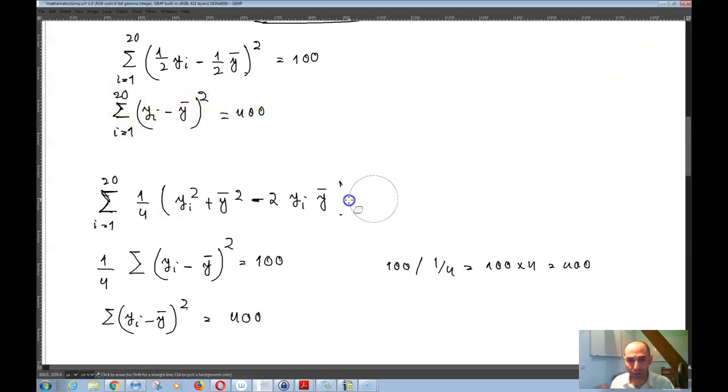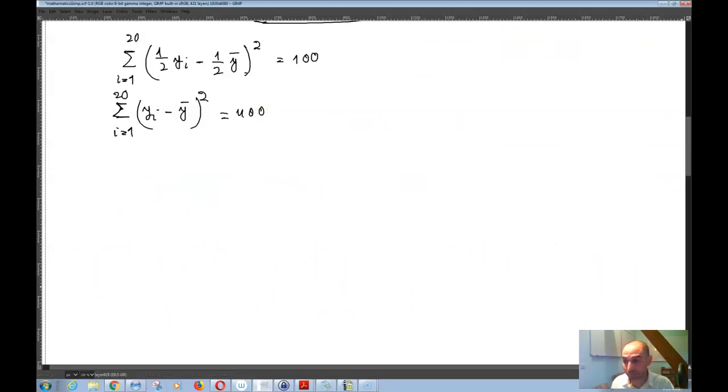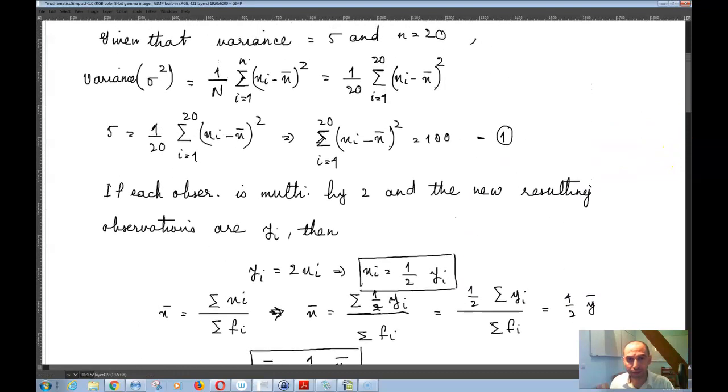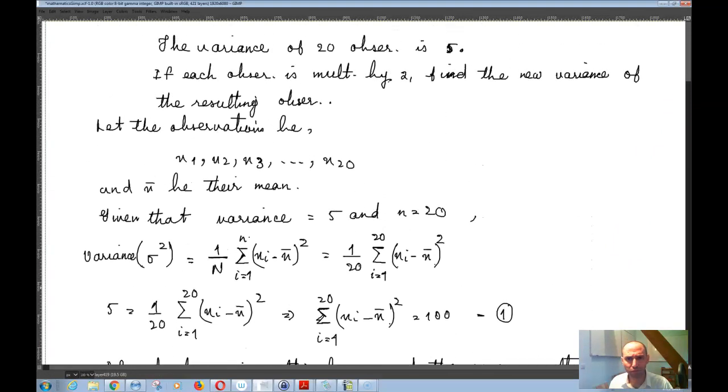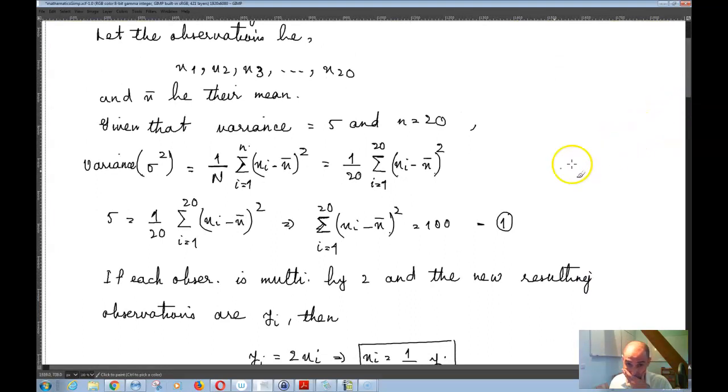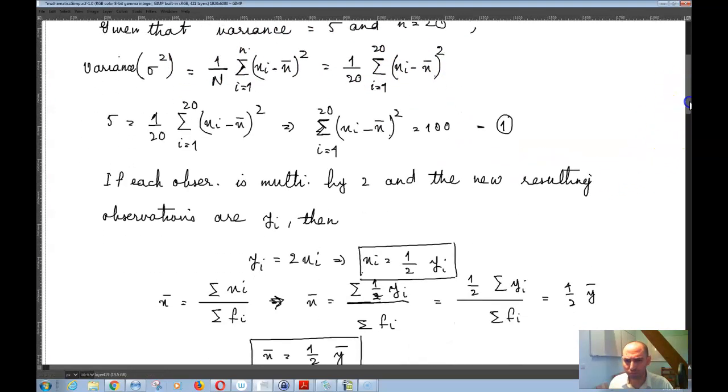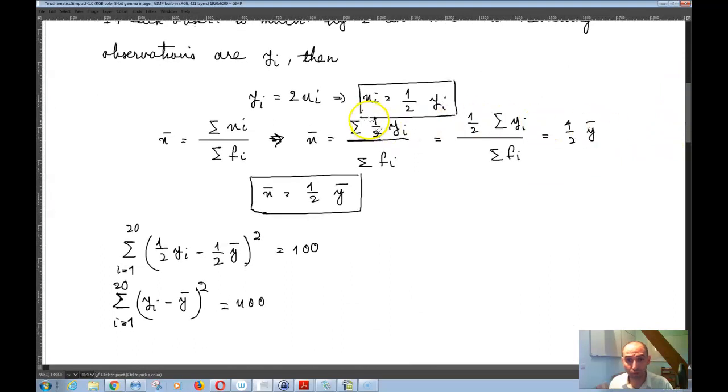And then what that means is that over here, y of i is equal to what? 2 times x of i.